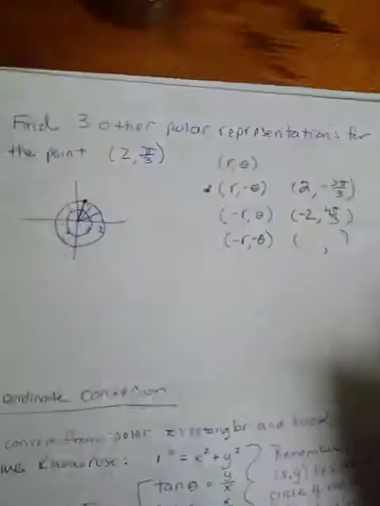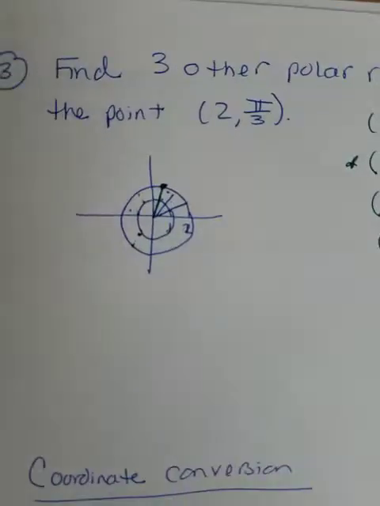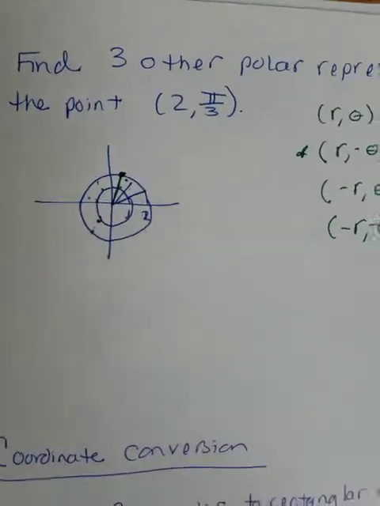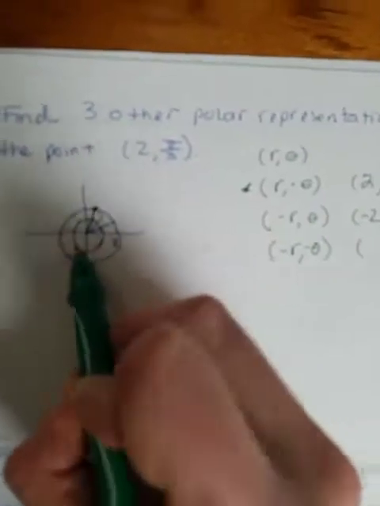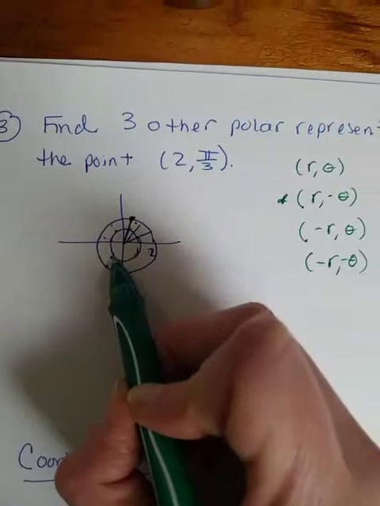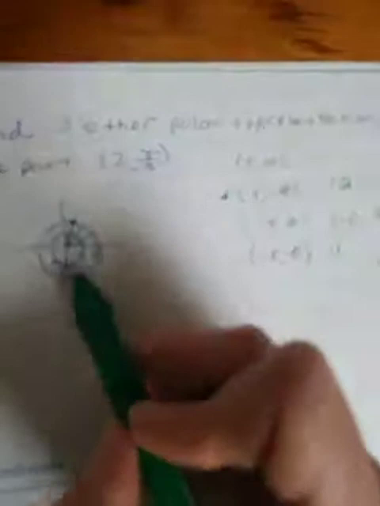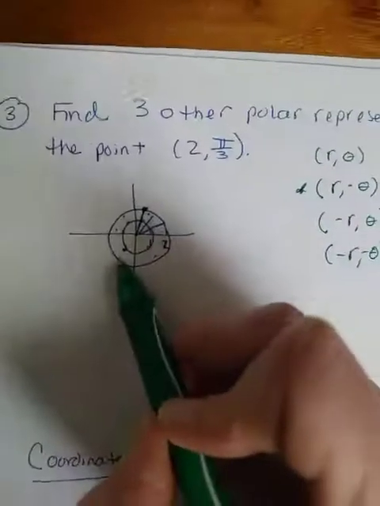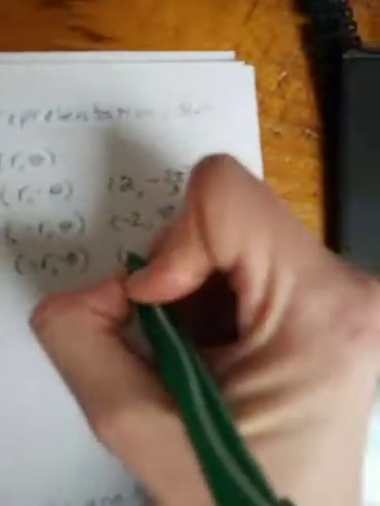And then a third point. For 2 negatives, again, moving in a negative direction around the circle, a negative angle, let's think about where that would bring me. If I went 1, 2, so negative 2π/3, if that was my angle, but I need to end up over here, r is going to have to be negative 2.